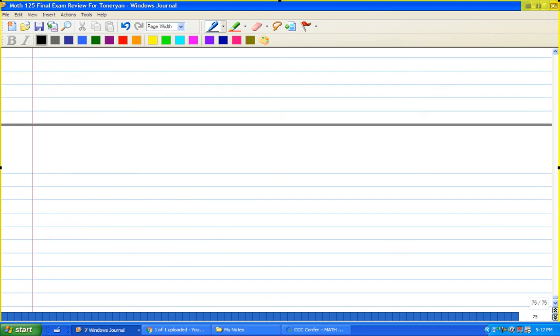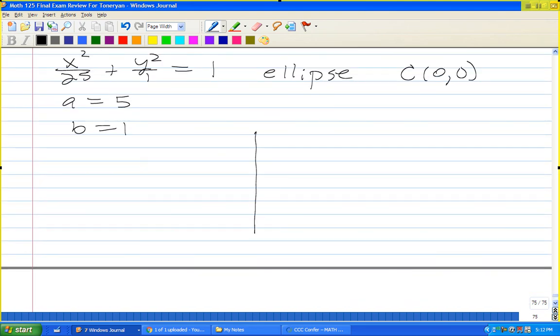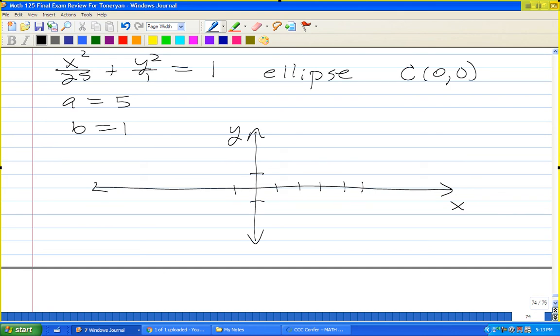Okay, at least that's better. So I have the following. Counting 1, 2, 3, 4, 5 on each axis.